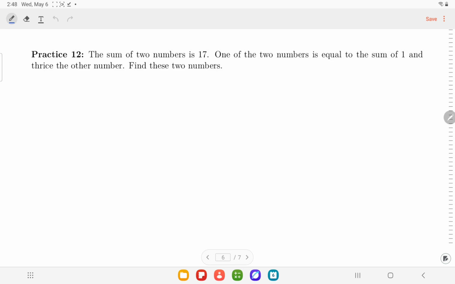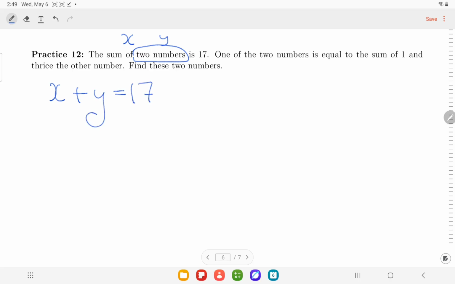The first one says that the sum of 2 numbers is 17. So these 2 numbers are our unknowns. So we can name them x and y. And we know that x plus y is 17.